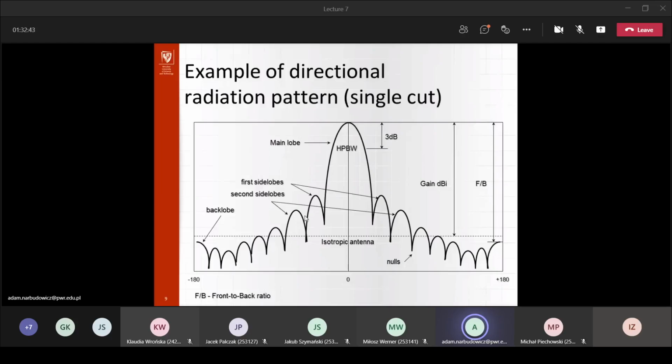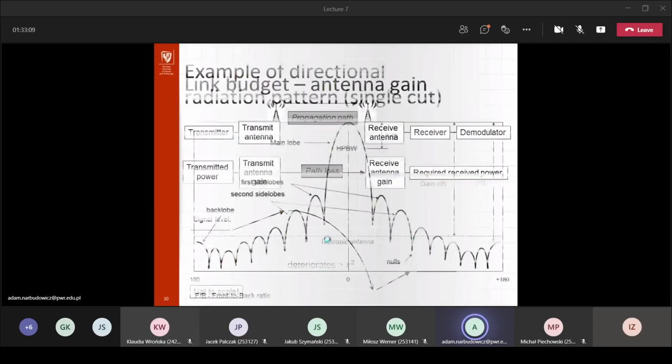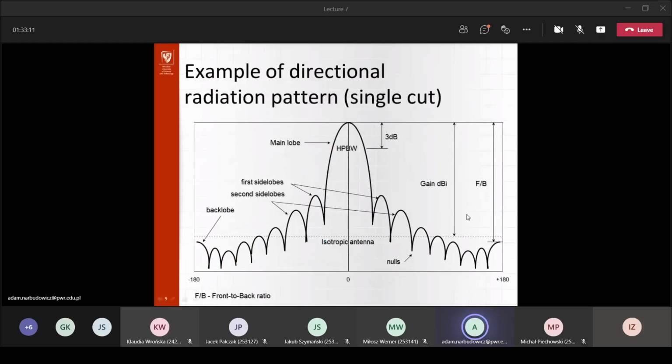Just one example of how an antenna radiation pattern can look is more or less like this. This is the shape that you would very often see in catalog data for antennas. These are a few of the parameters relevant from the spatial point of view.